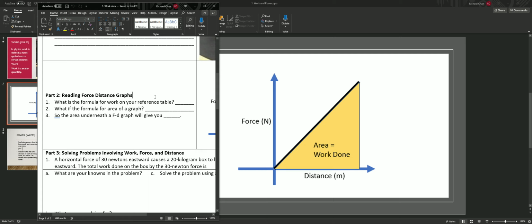And number 2, well, what is the formula? Well, there's a typo here, first off. What is the formula for the area of a graph?